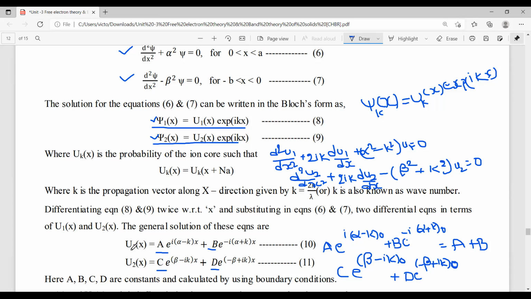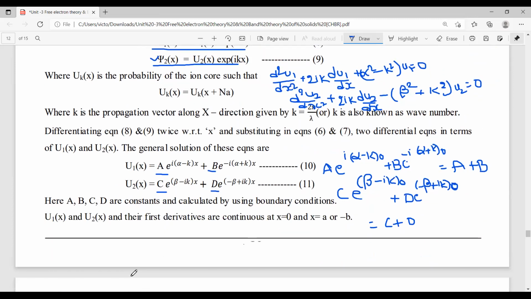Similarly, for the second equation, u2 of x equal to c e to the power of (beta minus ik)x plus d e to the power of minus (beta plus ik)x. So here we have four variables a, b, c, d. These constants are calculated with the help of boundary conditions.